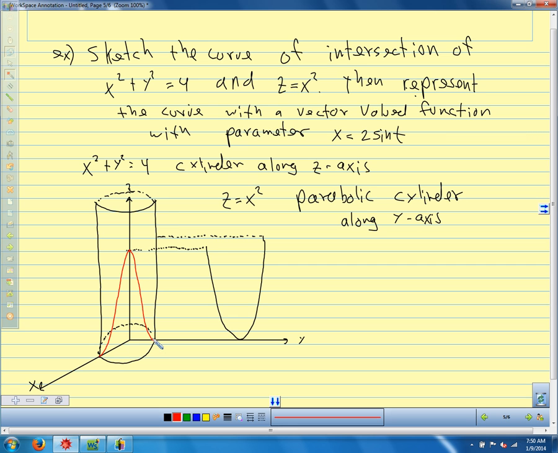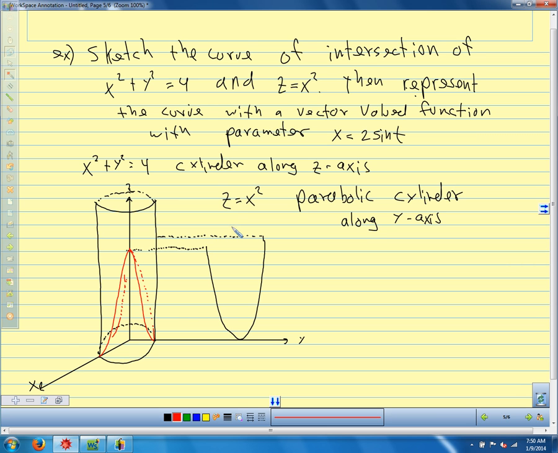So as it comes along on this side, the side of the parabolic cylinder is going to intersect the cylinder here, and then it's going to curve down along here. The same thing along that axis, and then back behind here it's going to come up like so, and it'll curve down behind again where the cylinder cuts through here.